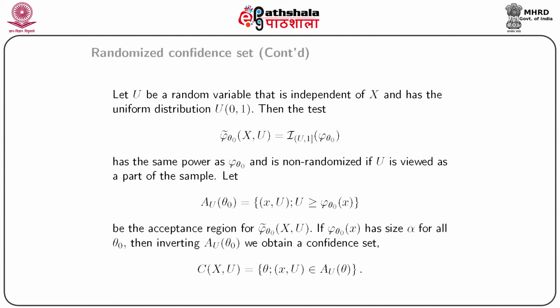Let A_U(theta naught) equal the set of all (x, u) such that u is greater than or equal to psi theta naught (x) be the acceptance region for psi curl theta naught (x, u).